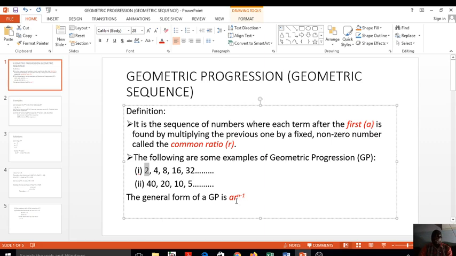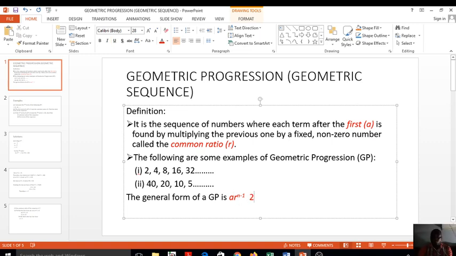And for n, we look at the position where 16 is. 16 is in position number 4, so n is equal to 4. Simply substitute: where there is a, you put 2, where there is r, you put 2, where there is n, you put 4, and then minus 1.